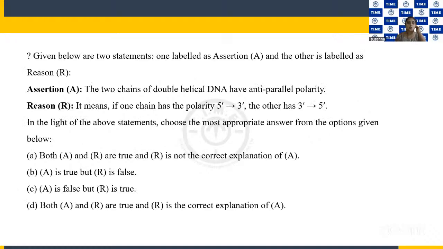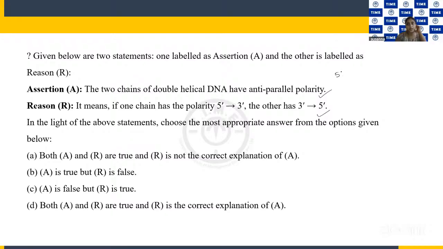Next, we have an assertion and reasoning statement. The assertion is: the two chains of double helical DNA have antiparallel polarity. It means if one chain has the polarity 5' to 3', the other has 3' to 5'. What do you think, students? Is the assertion correct or incorrect? It's a correct statement, right? We have already learned that the two chains in a double helical DNA are antiparallel in nature.